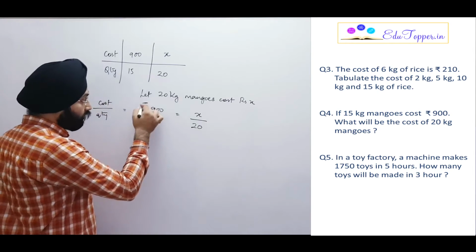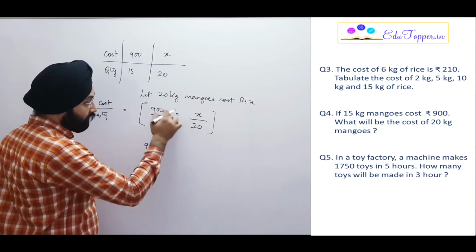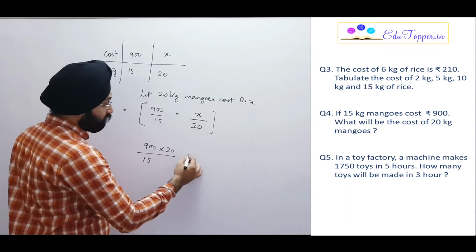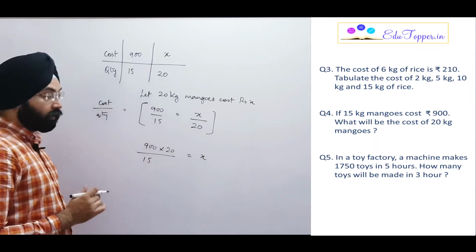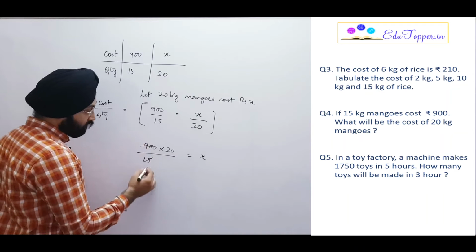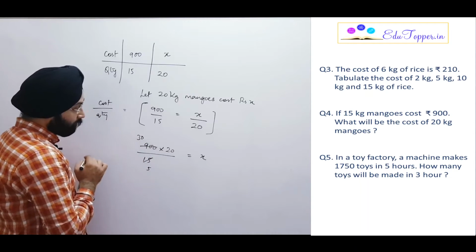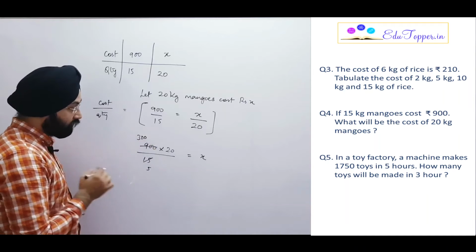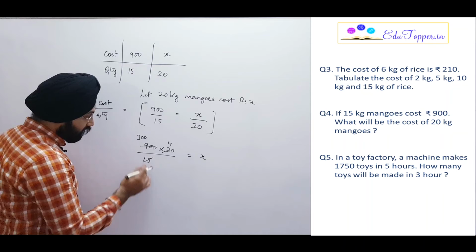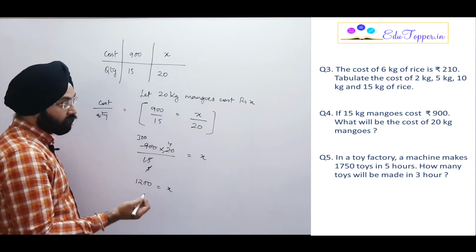So by cross multiplication, we will have 900 into 20 divided by 15, that is equal to X. Now we all know that 3 times 5 is 15 and 3 into 300 is 900 and we get here 4. So 300 into 4, that is 1200 is equal to X.